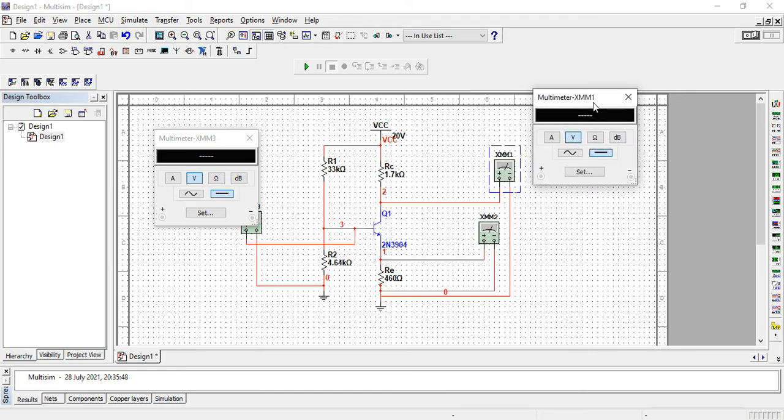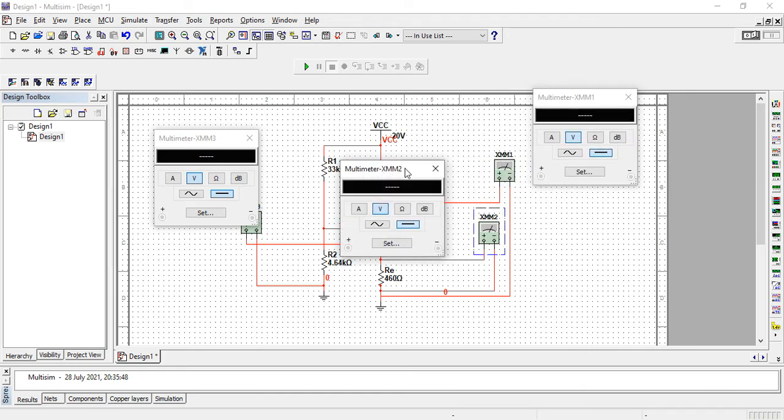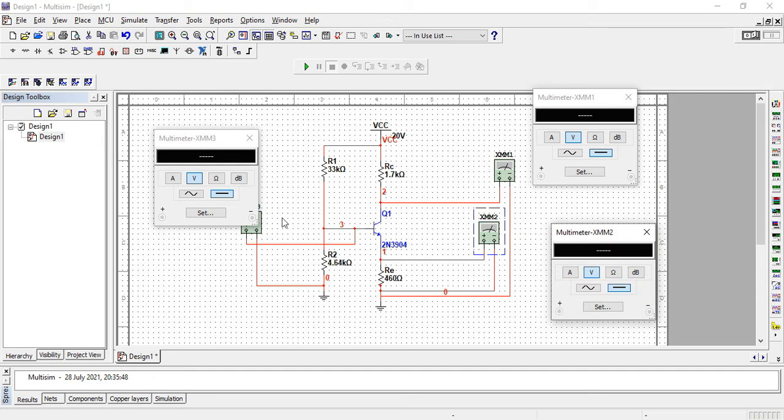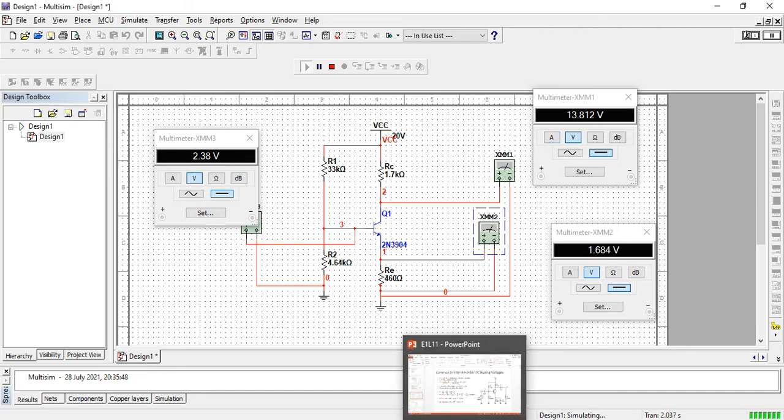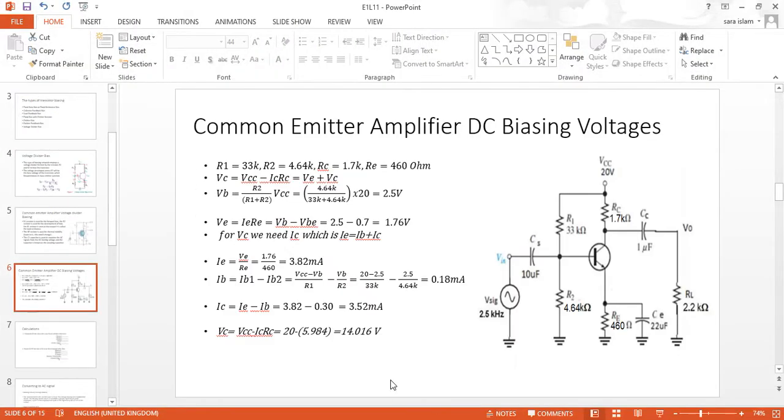This is my collector voltage and this one is my emitter, right? Base, collector and emitter. So let's play it, and we have a voltage of 2.38 across my base, 13.8 across my collector and 1.684 across my emitter, right? So let's check our calculations, how those calculations went.